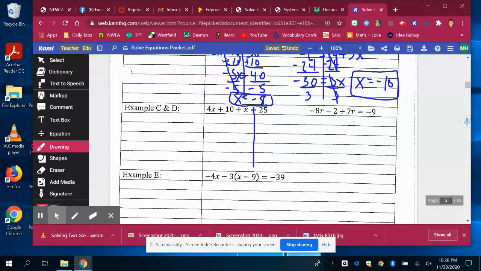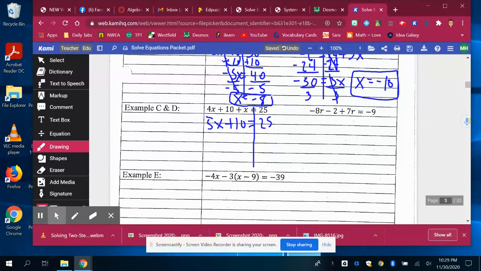I have a constant term with 10 here, and I have two variable terms, 4x and x. So I need to put those variable terms together. They are like terms because they have the exact same variable raised to the exact same power. So 4x plus x gives me 5x. I'm going to bring down this plus 10 equals 25.